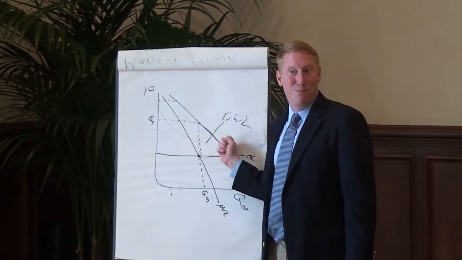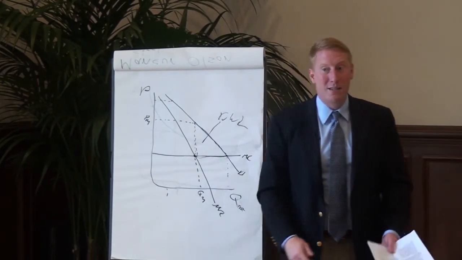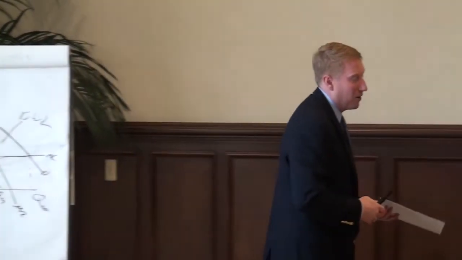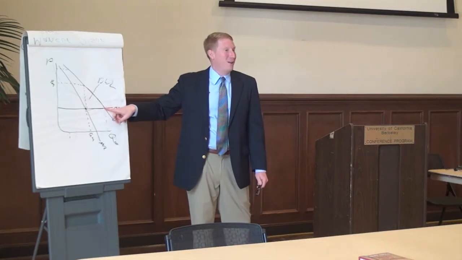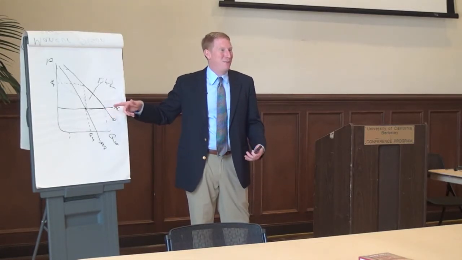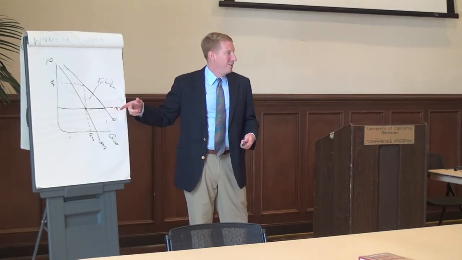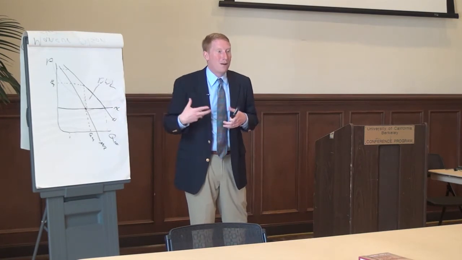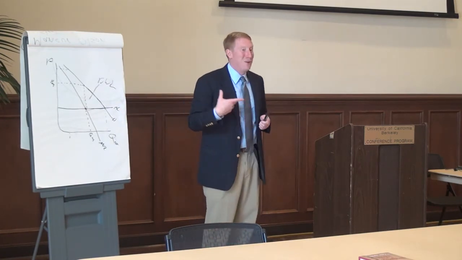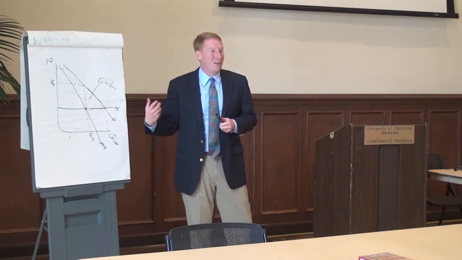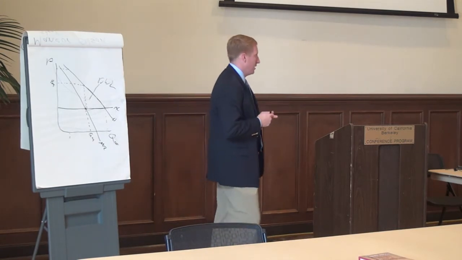We're finding expanding output and lowering price, exactly what we want the process of competition to do. It might be the case that there's a single producer, but if that single producer is behaving like a competitive market would, what's the beef? Who cares just that they're big? They're doing exactly what we want the market process to come up with for us. In fact, they're doing it better than anybody else in the market process could be doing for us.